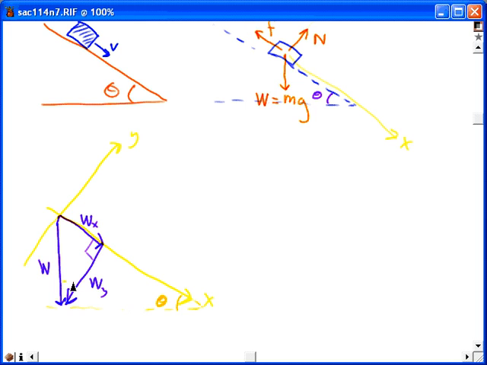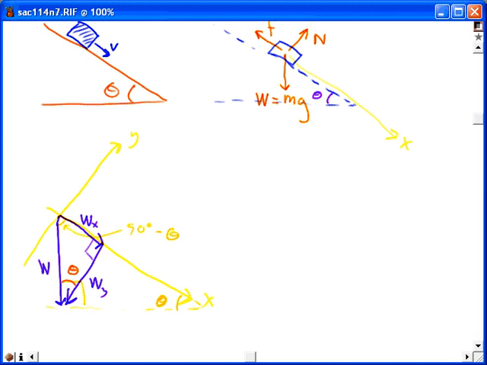And then looking at this big triangle here, that makes this 90 degrees minus theta. So this angle in here, looking at the small right triangle that I just made, this angle and this angle have to add up to 90, so this has got to be theta.